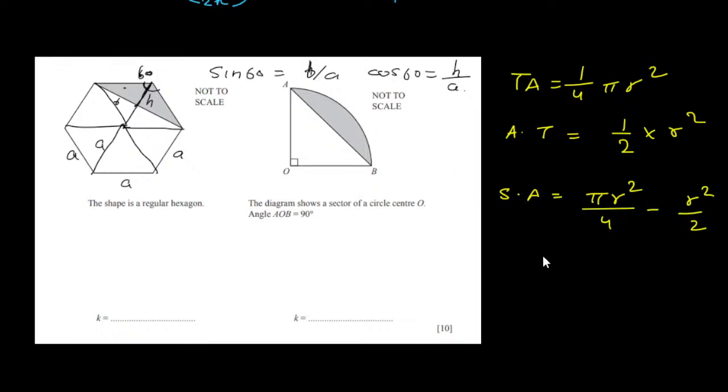So I have to find the ratio of the shaded area divided by the total area, which is 1 divided by 4 pi r square. The r square you can cancel out.